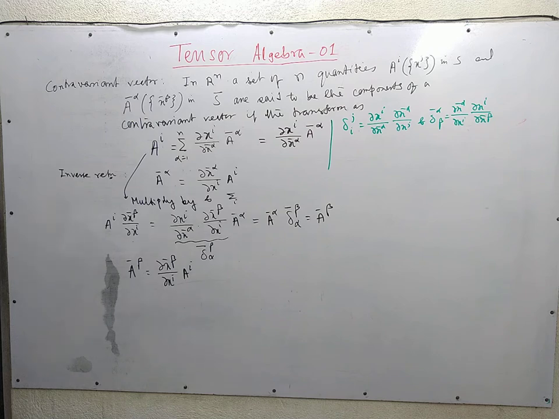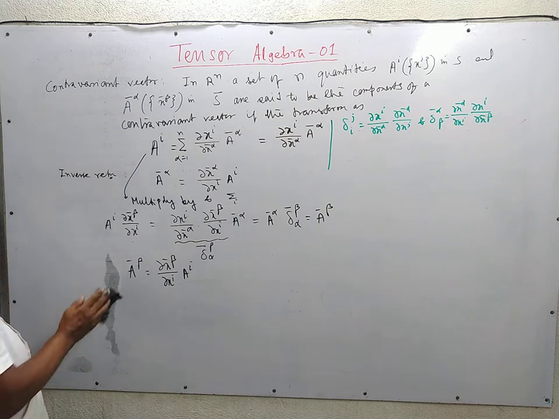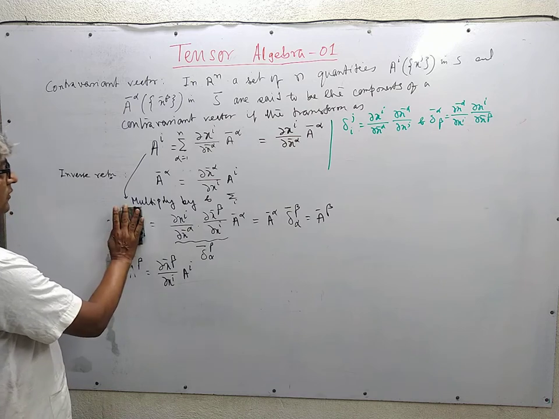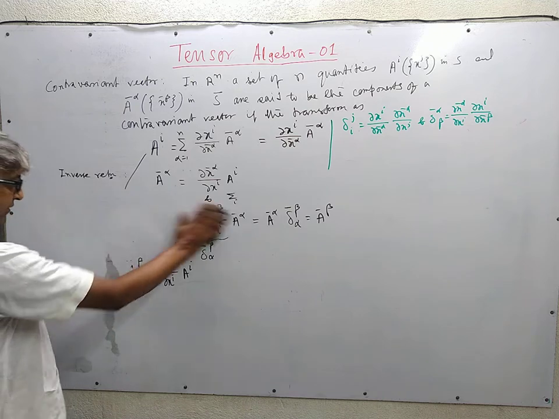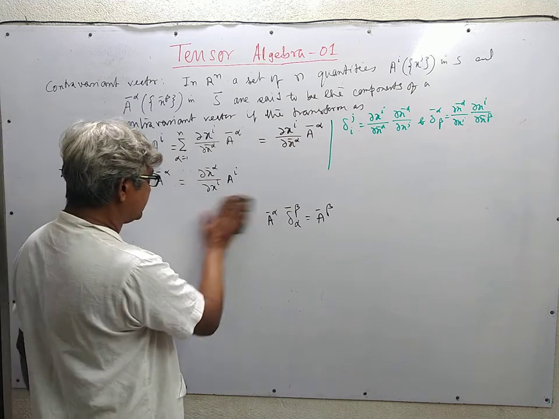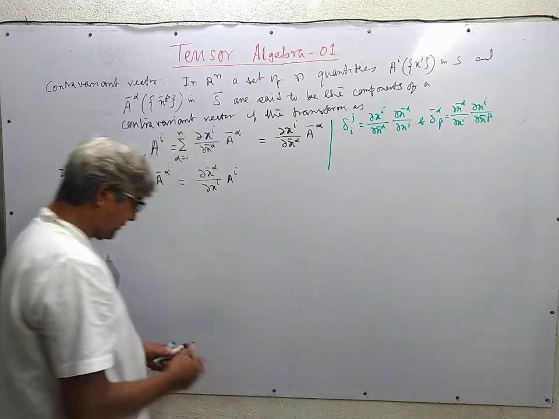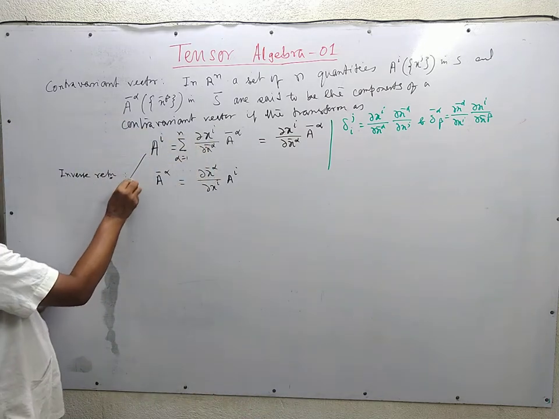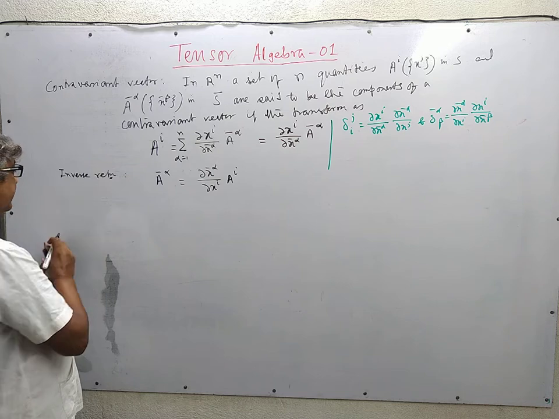We come to some examples of contravariant vectors.